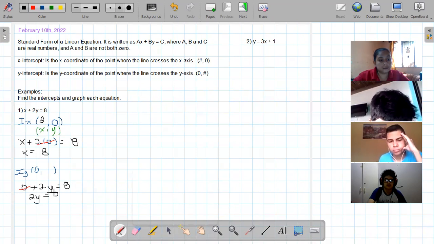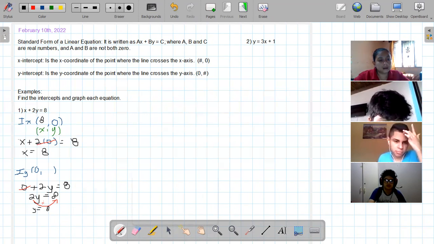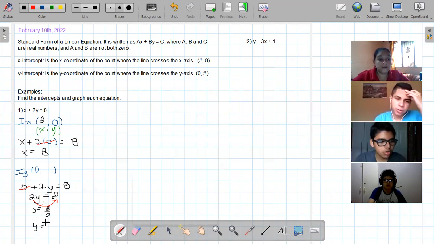What should we do to leave the y completely alone? Divide. Exactly, divide by that 2. So we're going to have that y is equal to 8 divided by 2. How much is 8 divided by 2? 4. And there, you got your intercept in y.